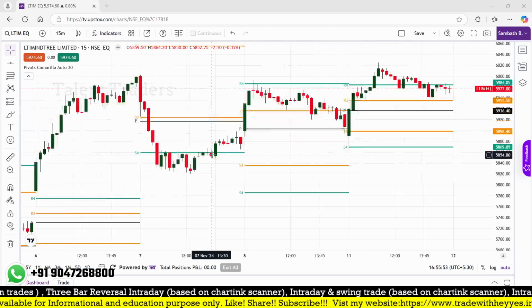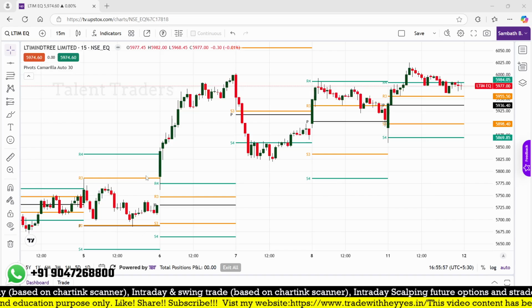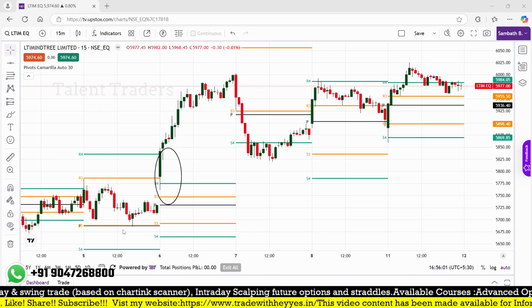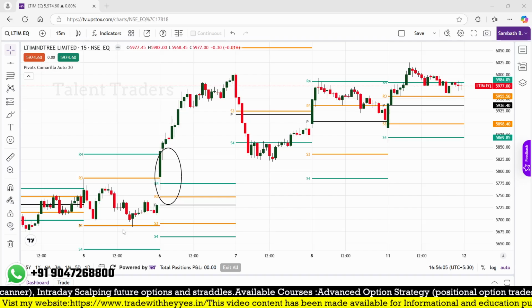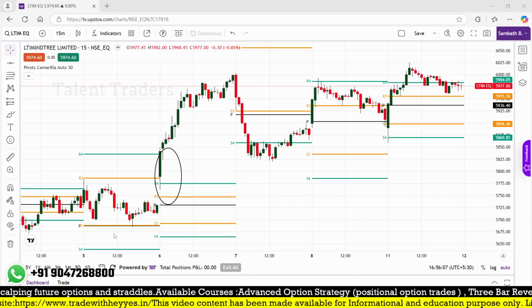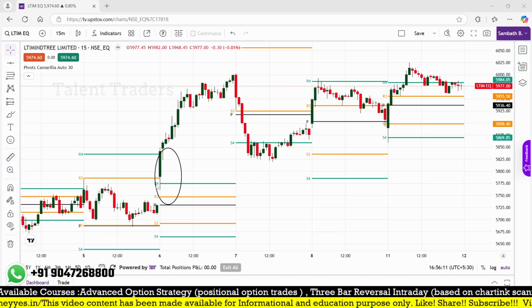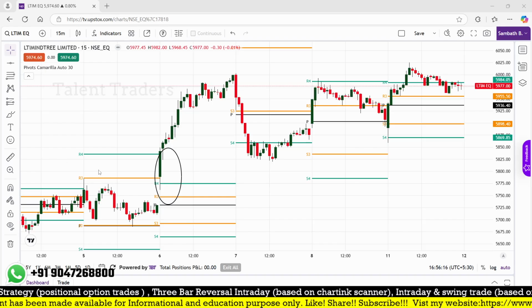So let me try to create a scanner. What is the logic I'm going to use? I want to find this kind of opportunity, where the R4 level is broken on the first candle, with good volume, and we are also going to use RSI as a filter to find such breakout opportunities, which will give you better results on an intraday basis.